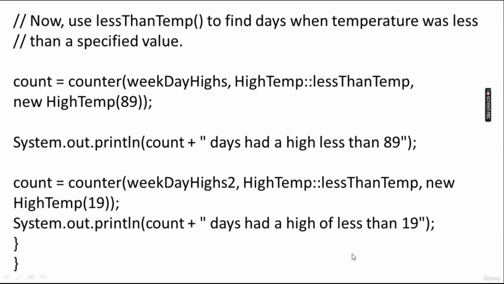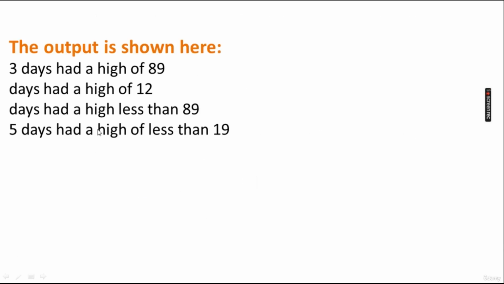Now lessThanTemp, to find days when the temperature was less than a specified value. So here we are passing HighTemp::lessThanTemp, new HighTemp(89), less than 89. Count days that had a high less than 89, and again count days that had a high less than 90. Three days have 89, 12, 89 and 90.